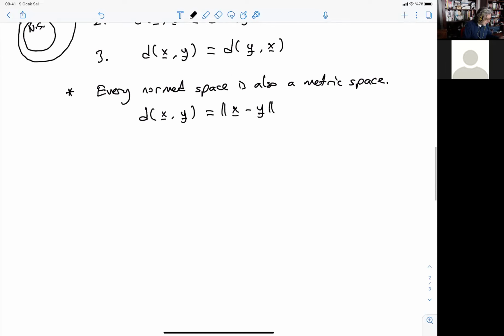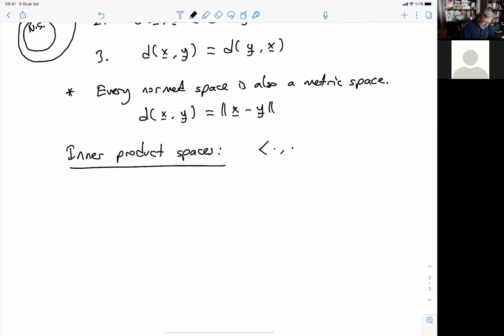And the third one that I will indicate is the inner product space. And the inner product operators will be like this.